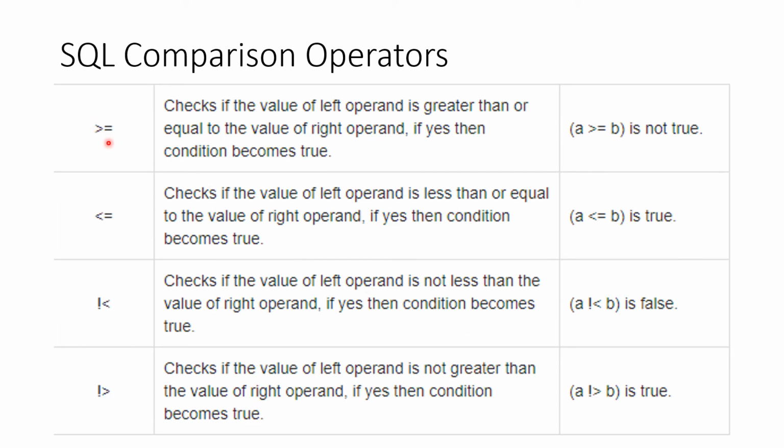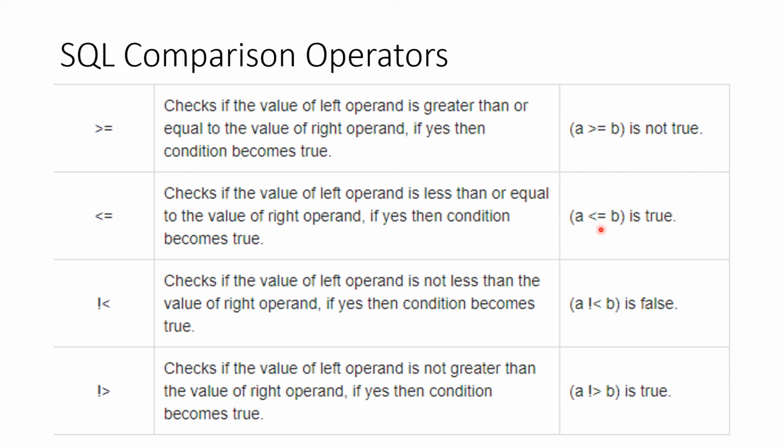Next, this is the greater or equal sign. If we compare a and b, then b is greater than a, so this is not true. Neither are they equal, so this is not true. Then a is less than b, so it is true. When two signs are used, greater or equal, it means or.